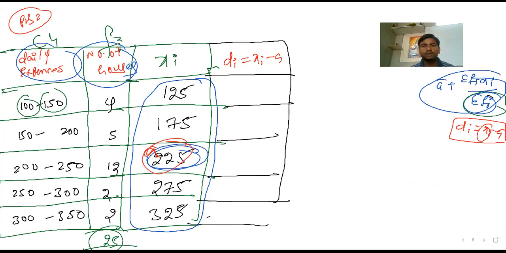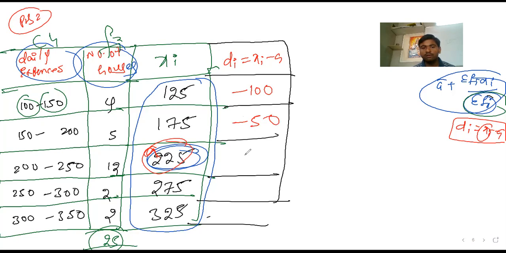So a you fix. Next you should do the deviation. So how much value? Xi minus a. So 225 minus 125. Please do it. How much is the answer? Minus 100. Clear? Next 225 minus 175. Answer is 50.